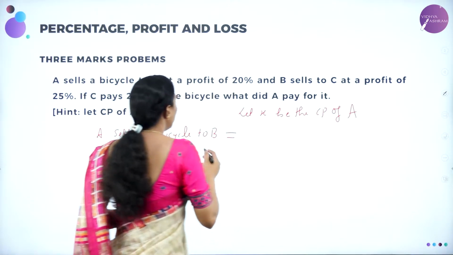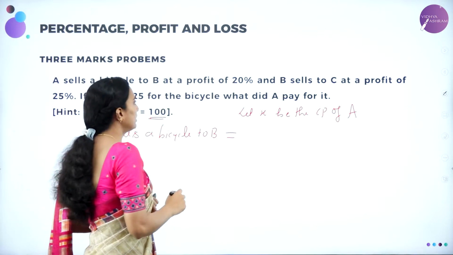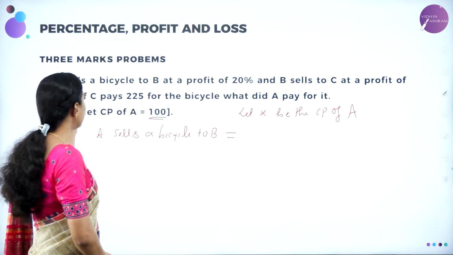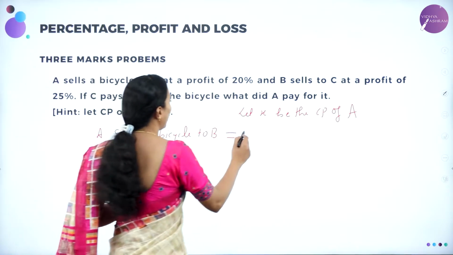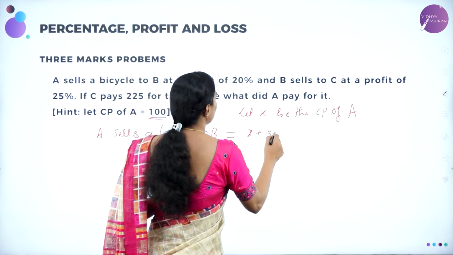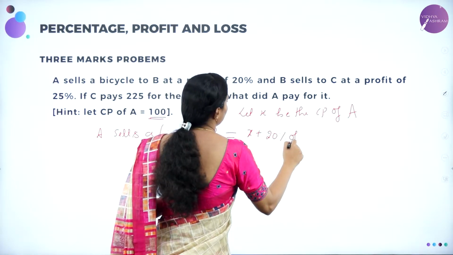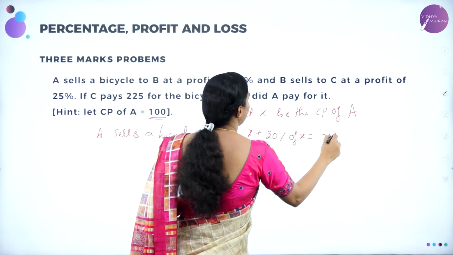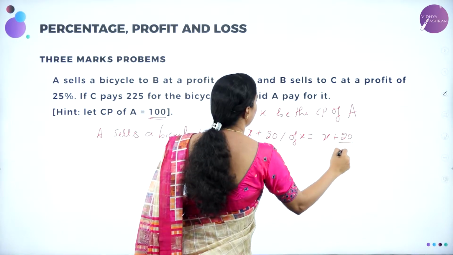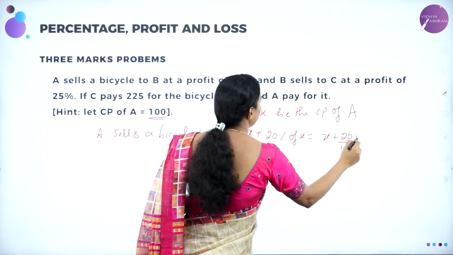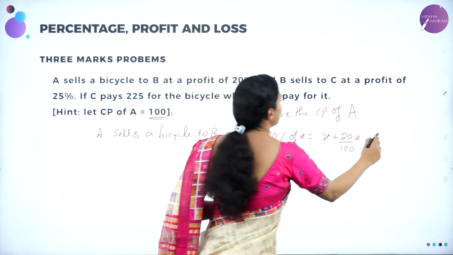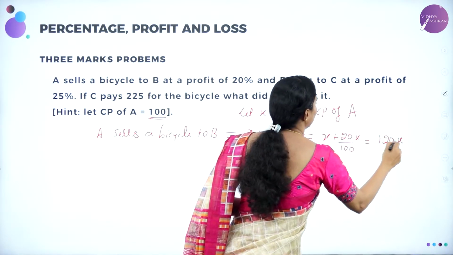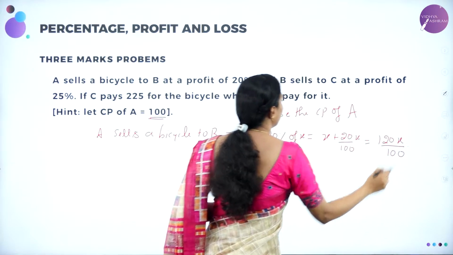So A sells a bicycle to B at a profit of 20%, which means you are going to have x plus 20% of x. That will be equal to x plus 20 divided by 100, which is equal to 100x plus 20x, that is 120x divided by 100, right?